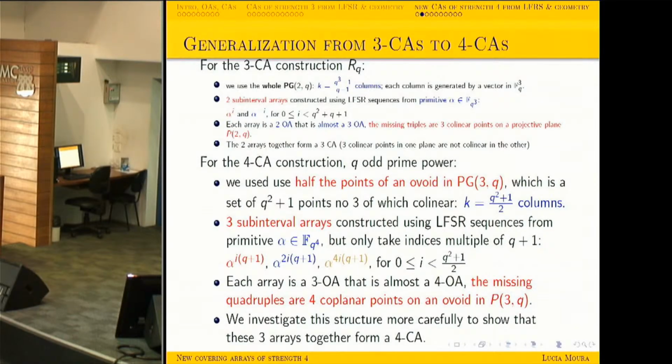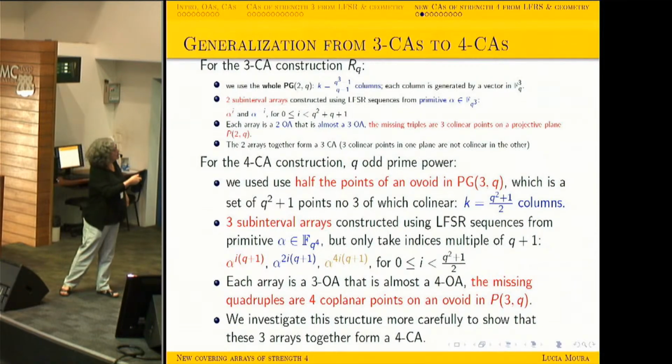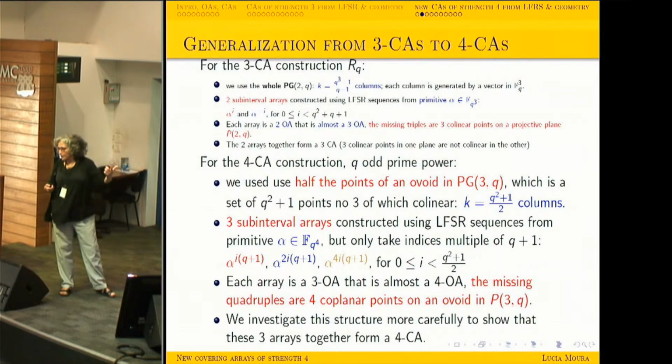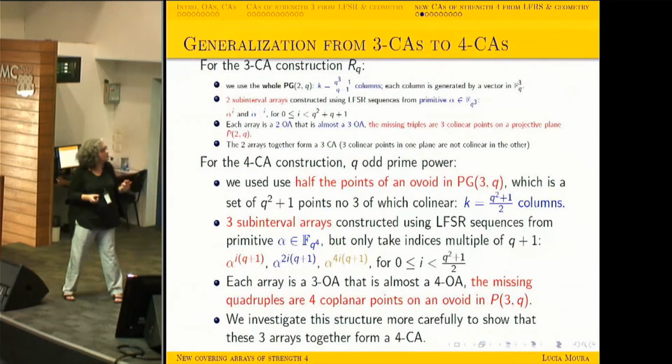I will show you how we pick them. Then I'll pick 3 interval arrays, one using the ovoid. If I pick just alpha to the (q+1) times every index i here, I get an ovoid in PG(3,q). That is for the first. For the second, I use alpha to the 2(q+1), and for the third, alpha to the 4(q+1). Very simple construction, very simple to describe.